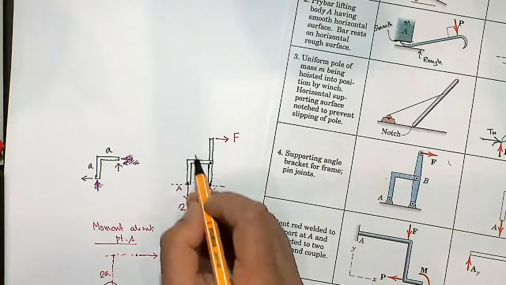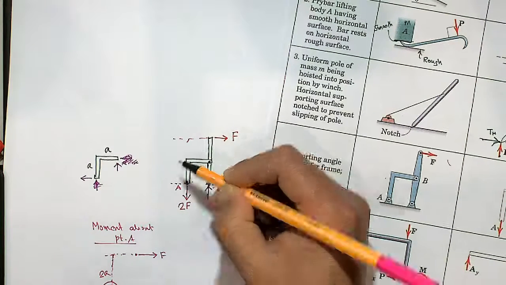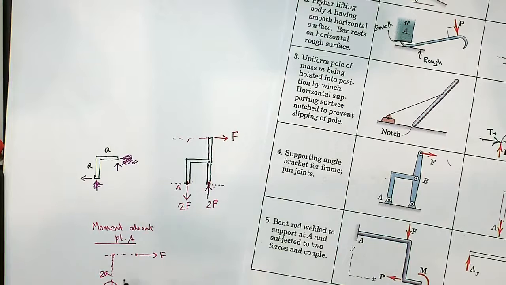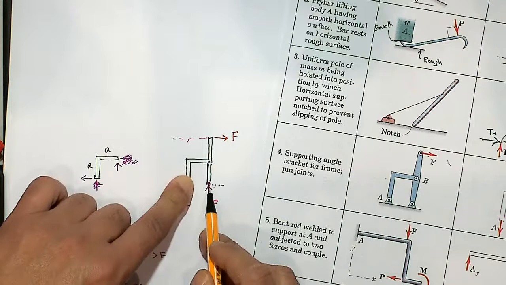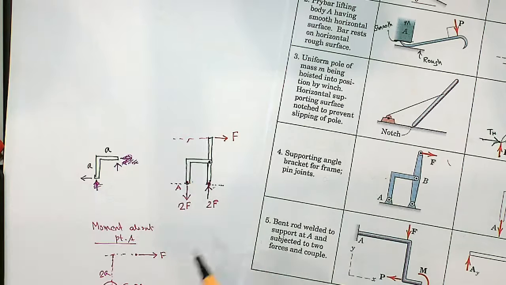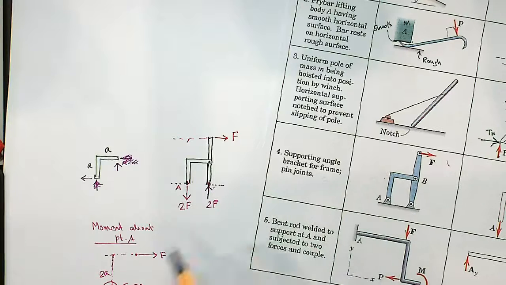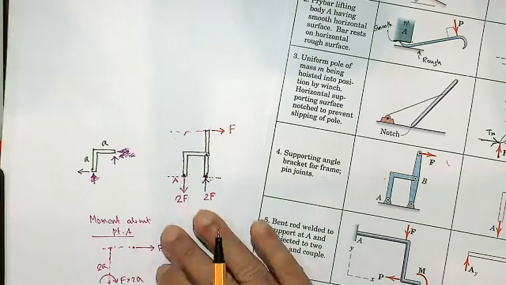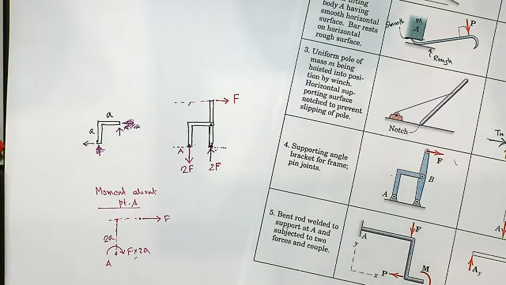The perpendicular distance for this force is from here to here, so it is F times 2A. Similarly, this force times its perpendicular distance must balance that. So this force must be twice F. Yeah? So if this force is twice F, then for vertical equilibrium that force would act twice F in this direction.